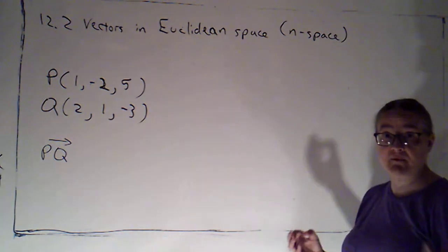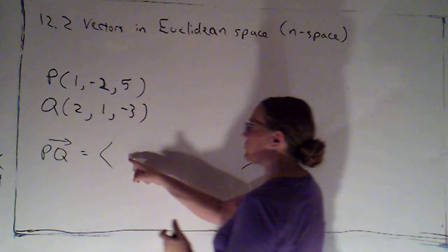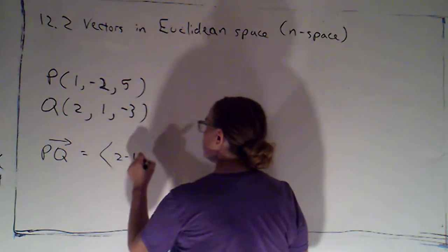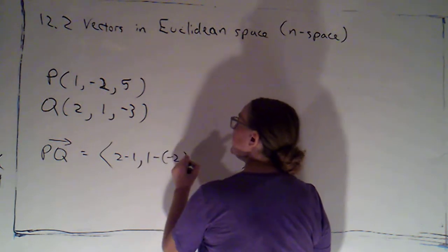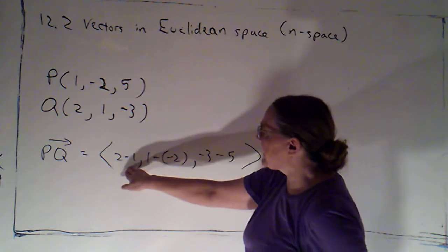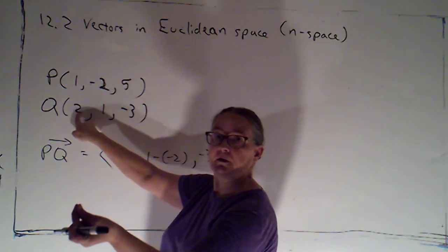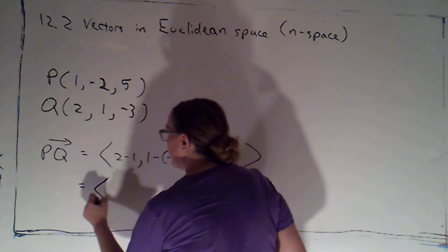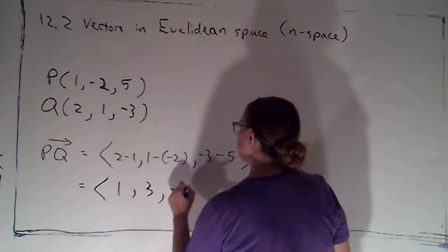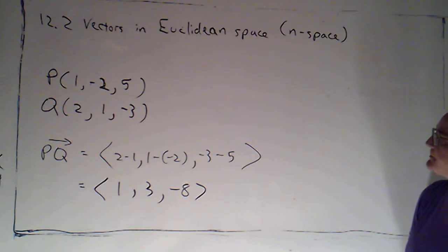I certainly could map it out, but I can also just remember that I'm going to get that by subtracting the value of my ending point minus my starting point. So it'll be 2 minus 1, 1 minus a negative 2, negative 3 minus 5. And I can think about that logically as well. If I'm starting at 1 and ending at 2, I'm coming forward, so I should be coming forward a positive amount. That's going to give me a 1. This will become a 3, negative 8. Excellent.